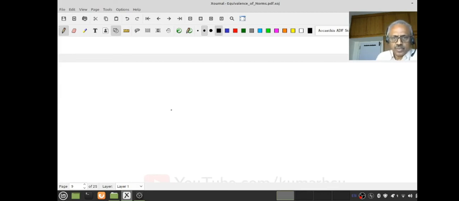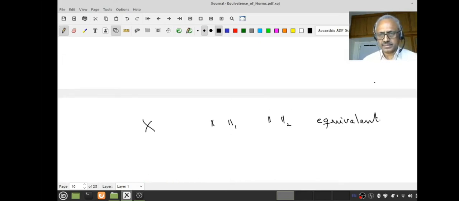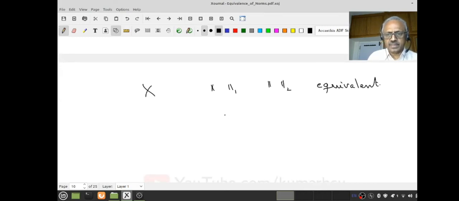Now let's go back to our original question. So I have X and I have two norms, and I say they are equivalent. What does that mean? The topology tau 1 equals tau 2.